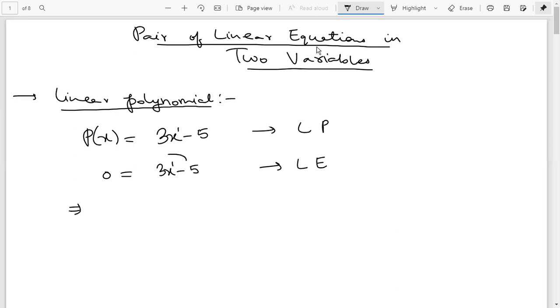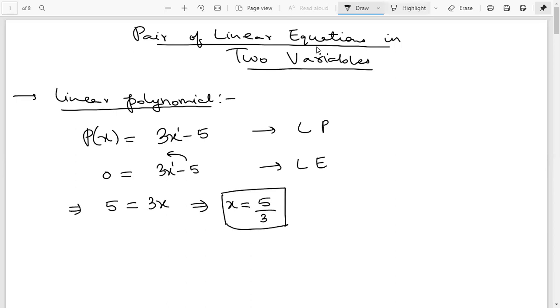This 5 will go to the left hand side, so 5 will be equal to 3x, and x will be equal to 5 by 3. That value of x will be the zero of this linear polynomial, or the root of this equation, or the solution. Only one value, because the degree was 1. That's why it will have 1 zero.